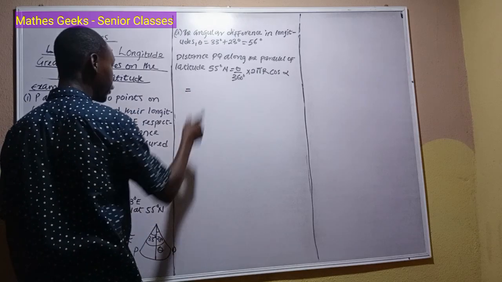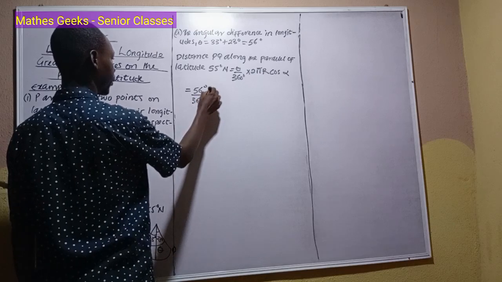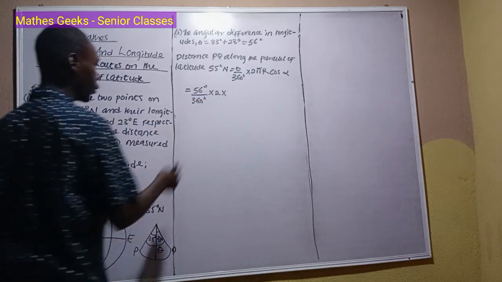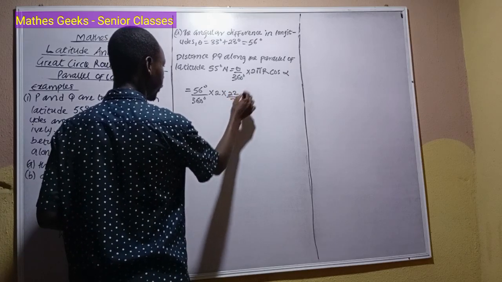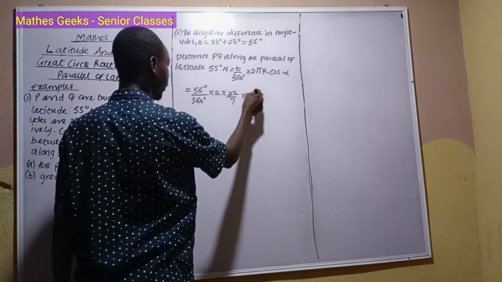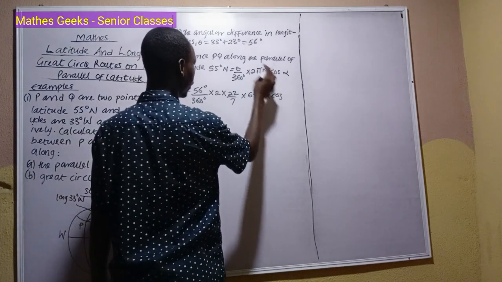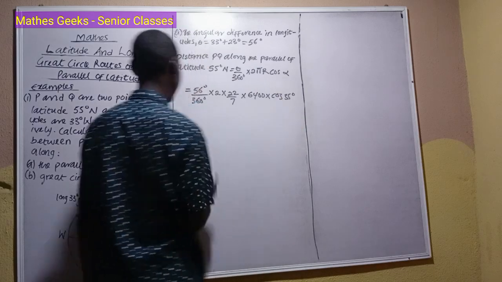So theta is 56 degrees over 360 degrees times 2. We're not given a value for pi, so we're going to use the arbitrary value, which is 22 over 7, and the radius of the earth is 6,400 times cos 55 degrees.